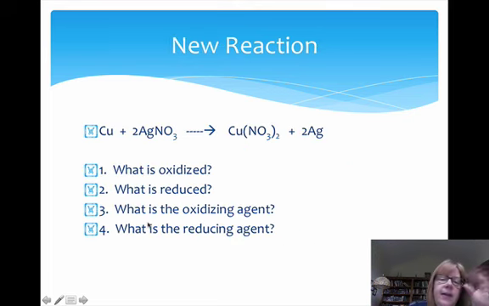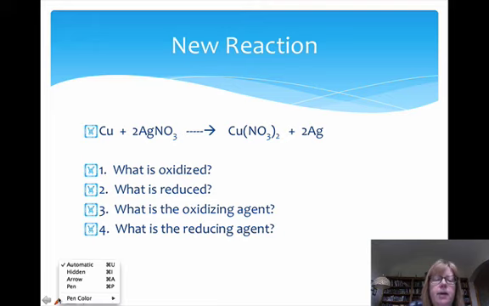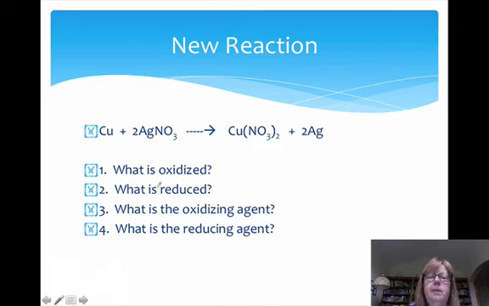All right, so here's a new reaction. We need to answer these questions. What is being oxidized? Let's assign oxidation numbers. Quickly, what's by itself, not connected with anything? It has a charge of 0. Good? Okay. Now, I think the copper is changing because it's 0 here and it's combined with something here.